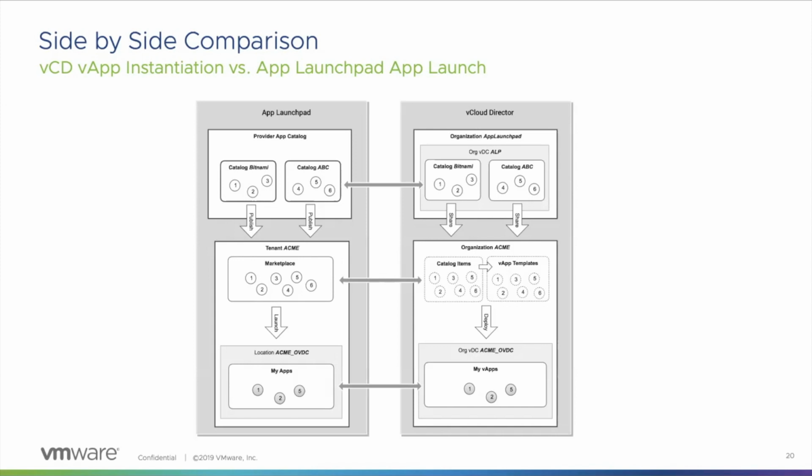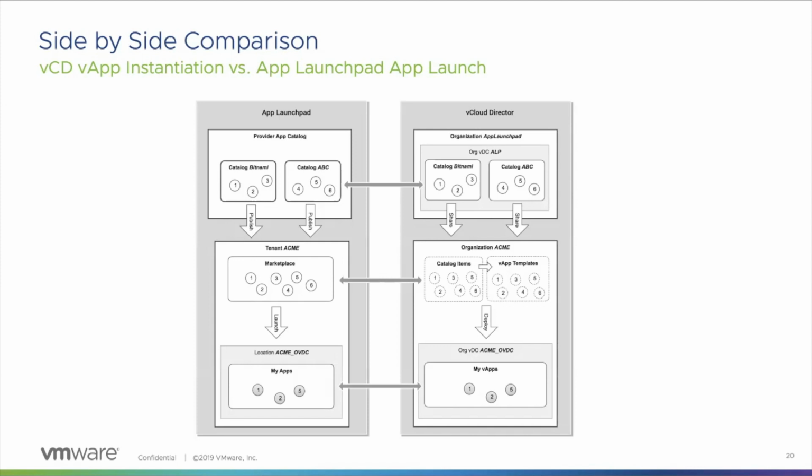From there, in App LaunchPad, the end user could go to the My Applications tab, which shows all of the applications, like we saw earlier, that they have deployed using App LaunchPad. And this would show really just some high-level details of that application. So they could access the console, they could see the IP address, they could see that the application is running, and they could perform basic actions like power it off.